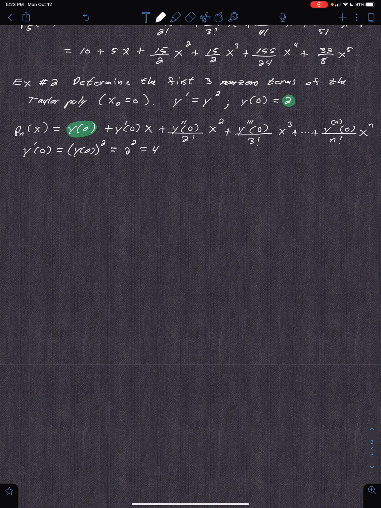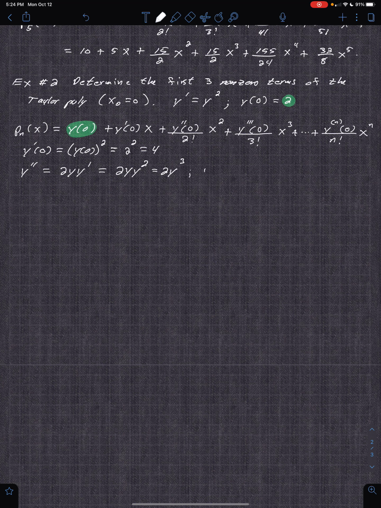Well, that's simple enough. And then y double prime, we'll have to calculate, is equal to 2y y prime using the chain rule. So y prime is y squared. So it's just 2y times y squared, which is equal to 2y cubed.